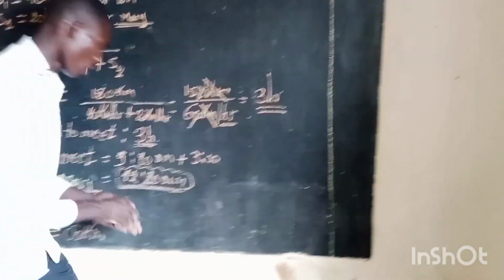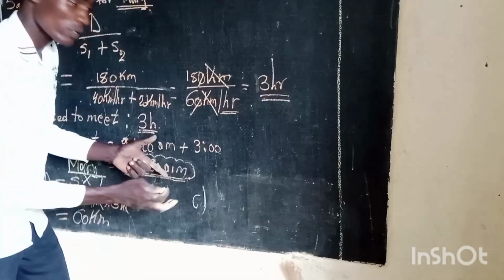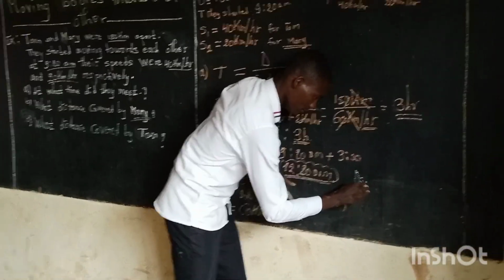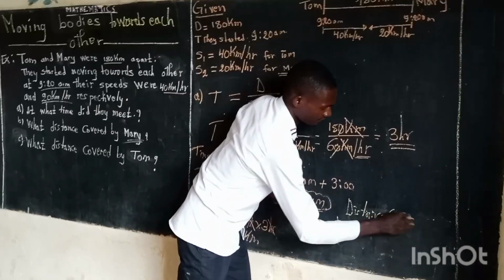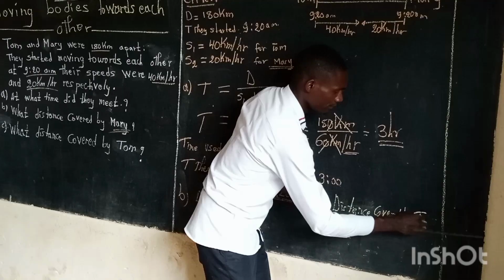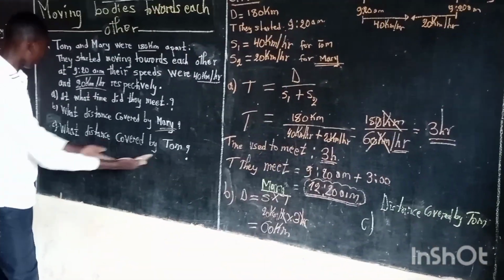Now, we go on to sub-question C, which is about the distance covered by Tom as the last sub-question.